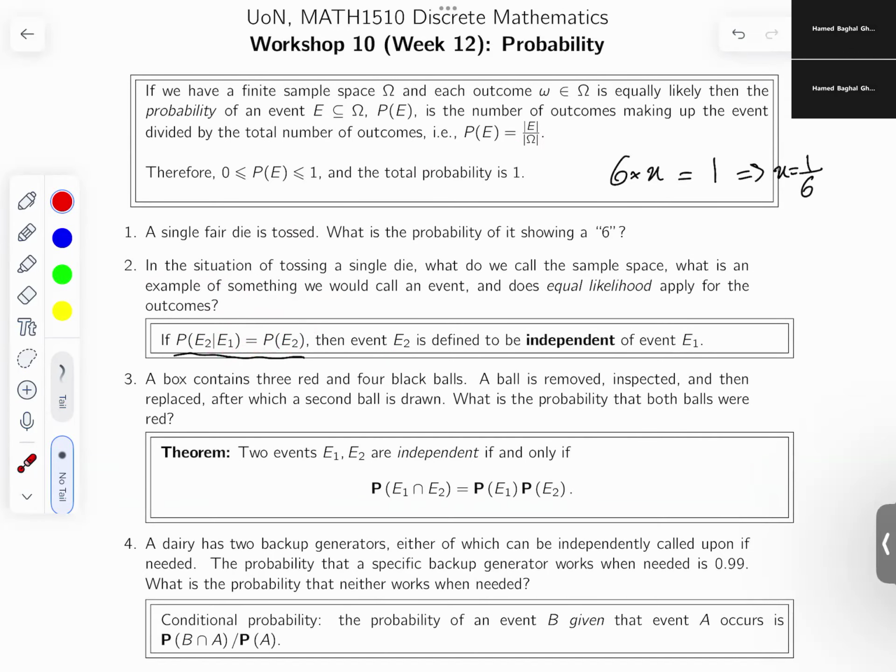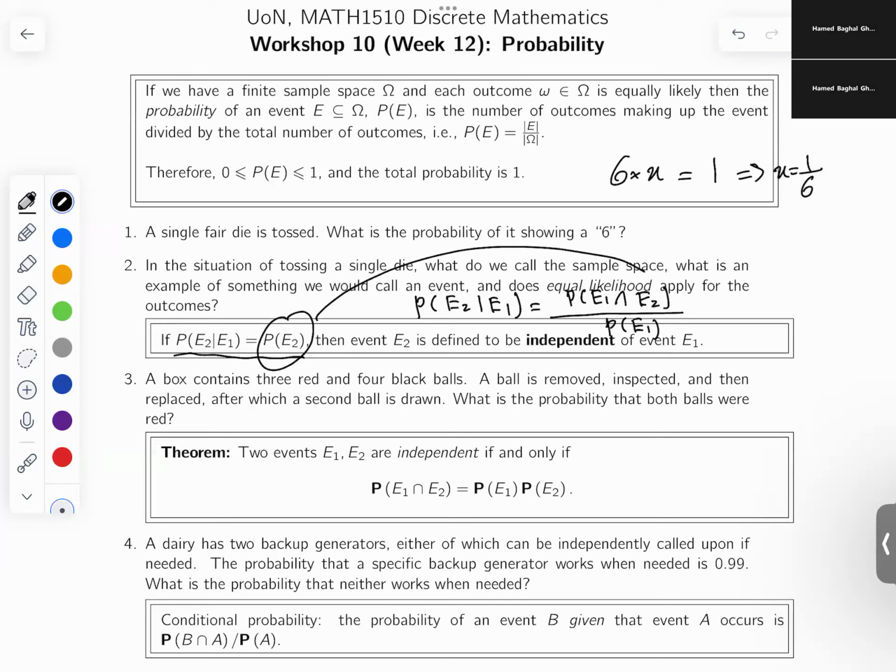Since the probability of E2 given E1 is equal to probability of E1 intersection E2 over probability of E1. But it says that here it equals probability of E2. So this guy is equal to probability of E2, but the original formula of this guy is equal to this one. From here, you can equalize these two statements.